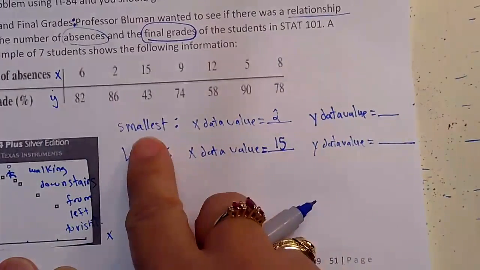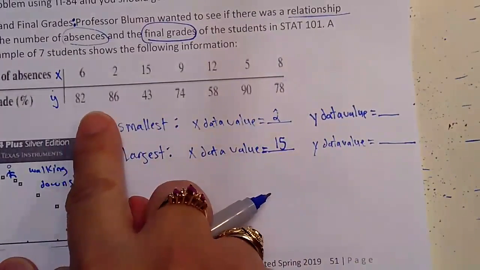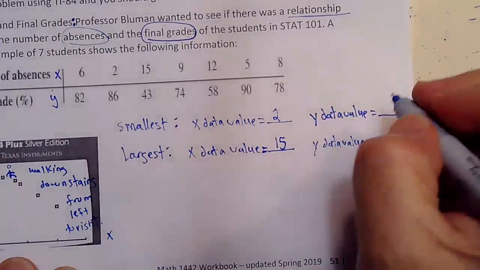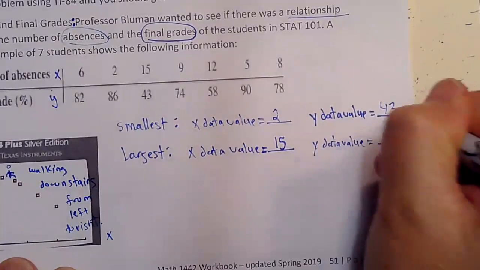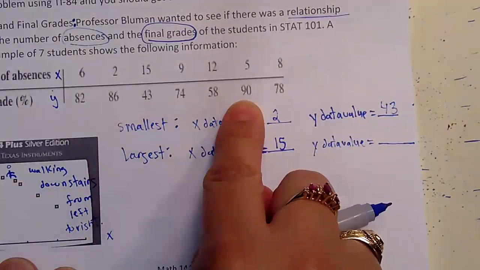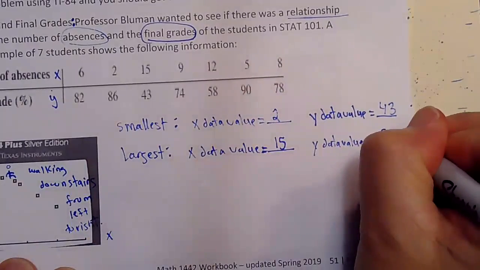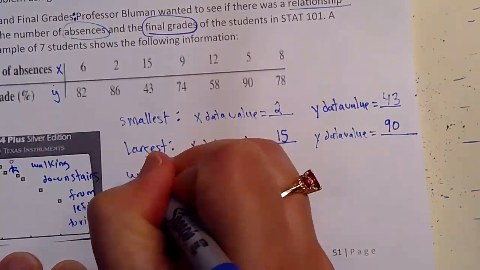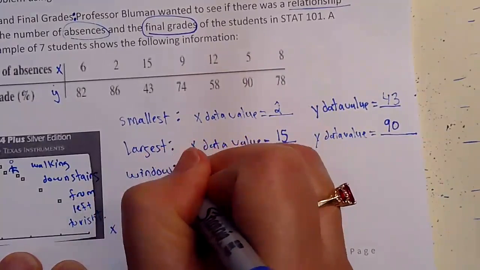The smallest Y looks like it's, what, 43? And the largest Y looks like it's, what, 90?